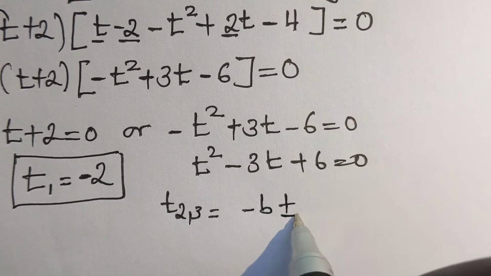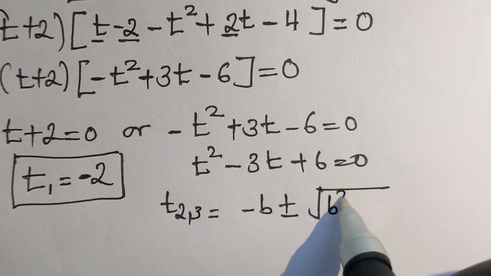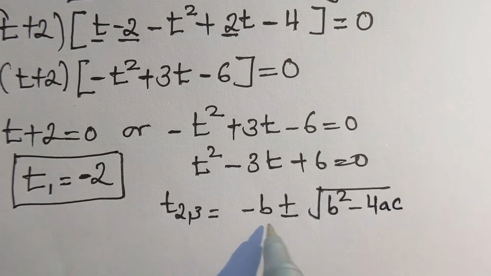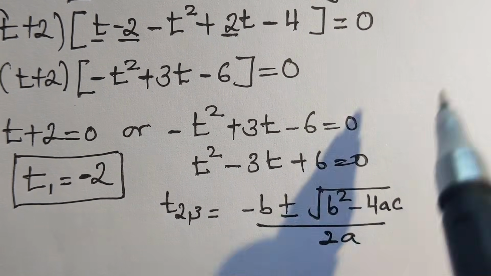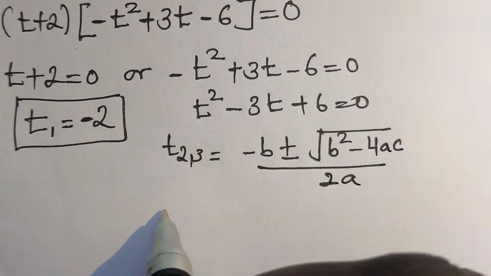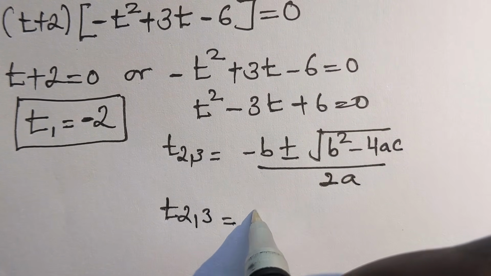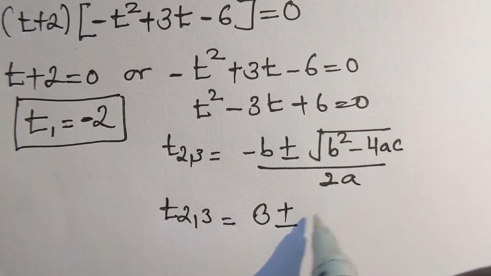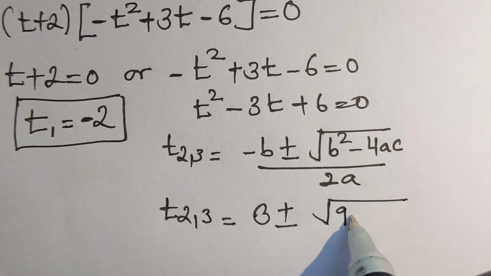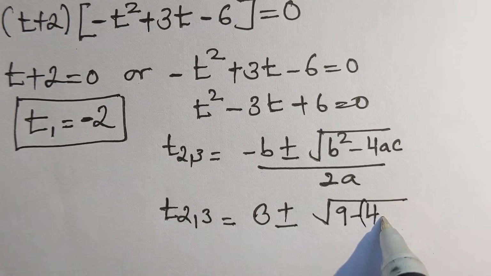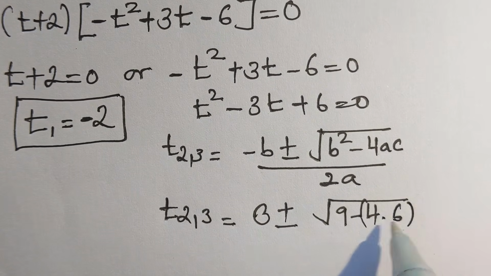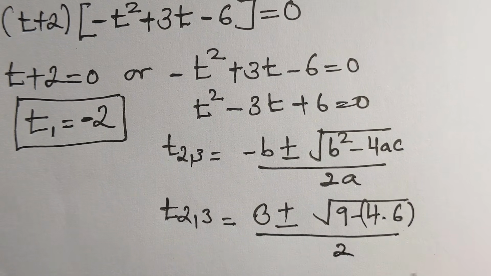Using negative b plus or minus square root of b squared minus 4ac over 2a, T2 and T3 equals 3 plus or minus square root of 9 minus 4 times 6 over 2.